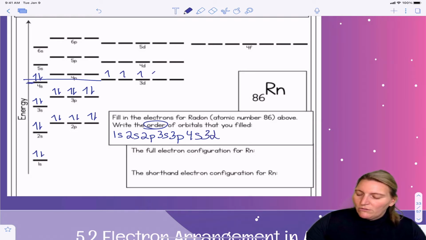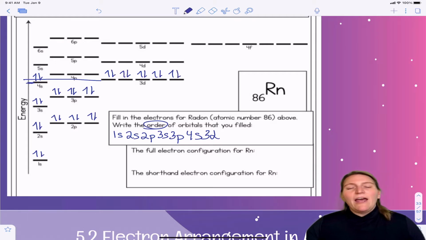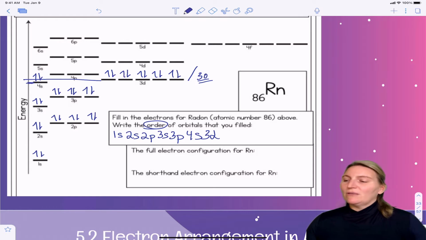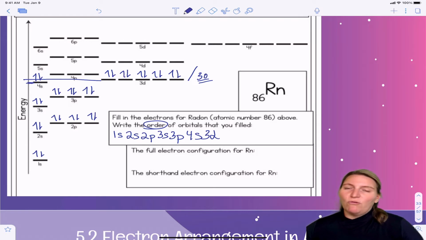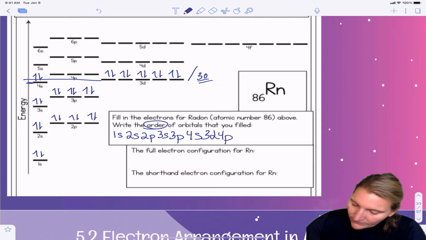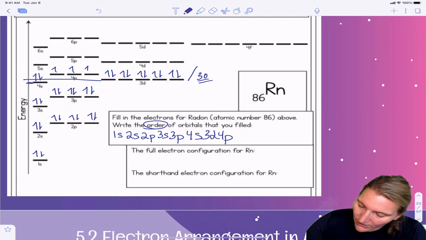1, 2, 3, 4, 5, 6, 7, 8, 9, 10. After the 3d, I sort of have memorized that equals 30 electrons. So if I ever have to fill something that's very large, I know I can just go right to 3d. 3d is going to be 30 electrons. Now comes the 4p, and that's 1, 2, 3, 4, 5, 6.